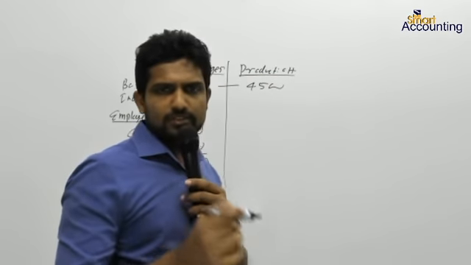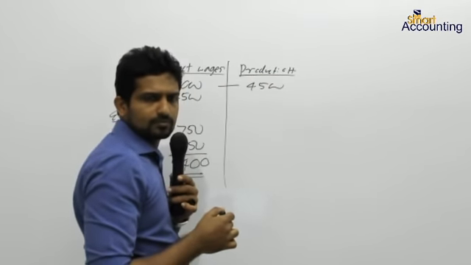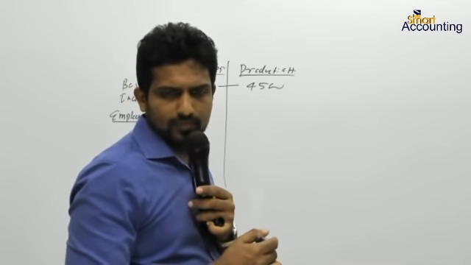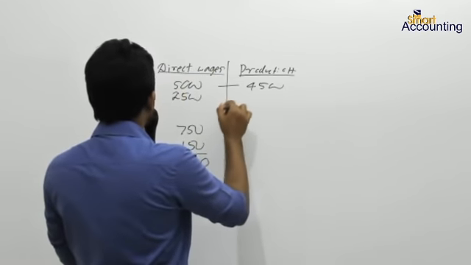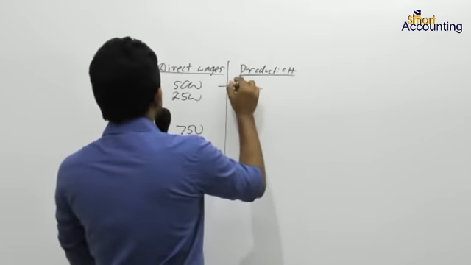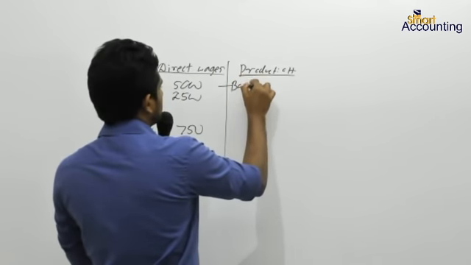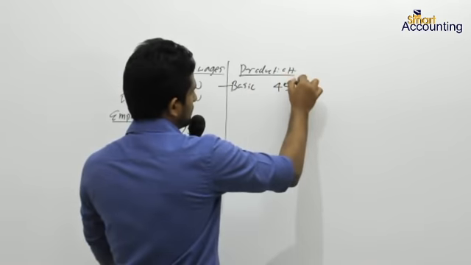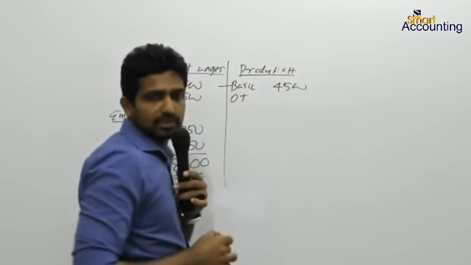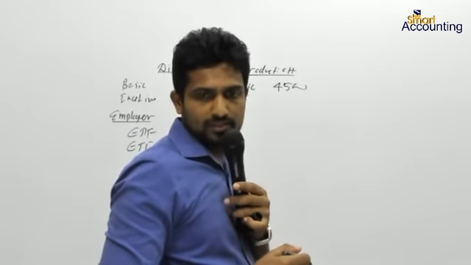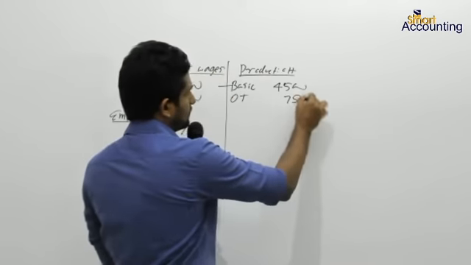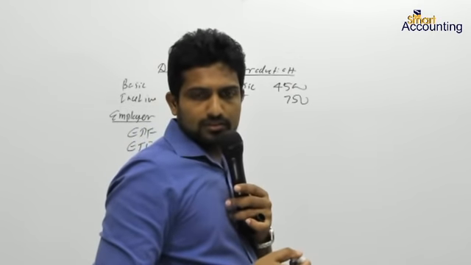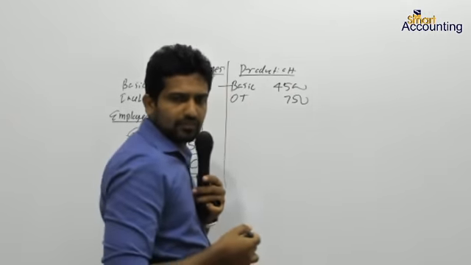Overtime 500 plus 250, 750. Basic salary 4,500. Overtime of both 750. Traveling allowance you can take 250 and 150, 400.